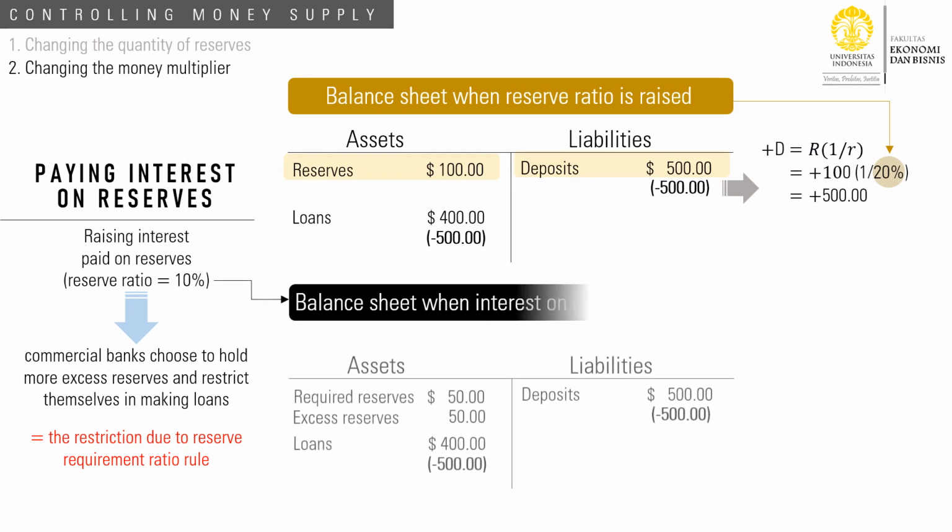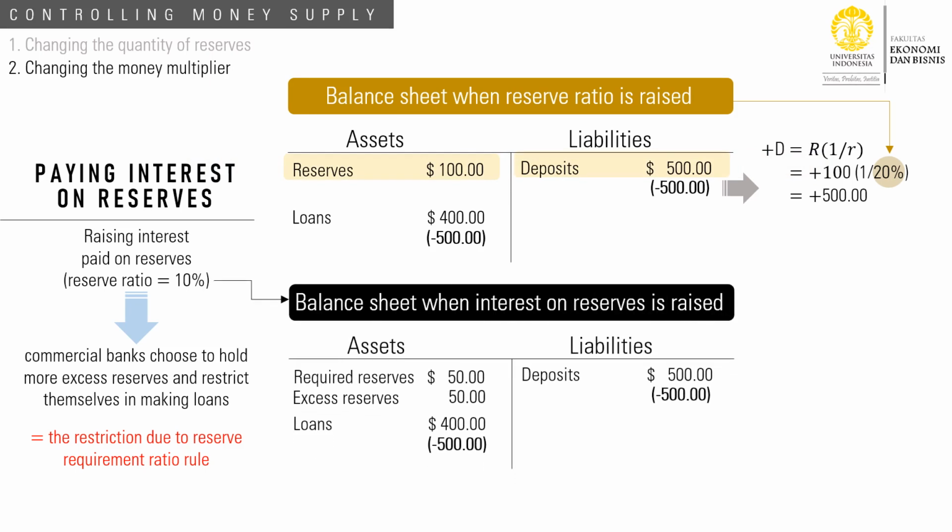When the interest on reserve is instead increased, while the reserve ratio is still the same at 10%, what is happening is that the banks choose not to loan out all their excess reserve. So out of $100 of the reserve, if half is the required reserve and another half is the excess reserve, then using the money creation formula, the maximum deposits are not 10 times $100, but instead 10 times $50 because the $50 of excess reserves are not loaned out.